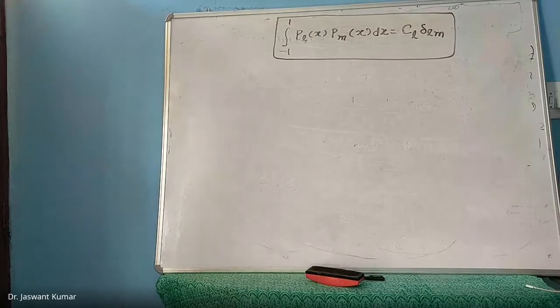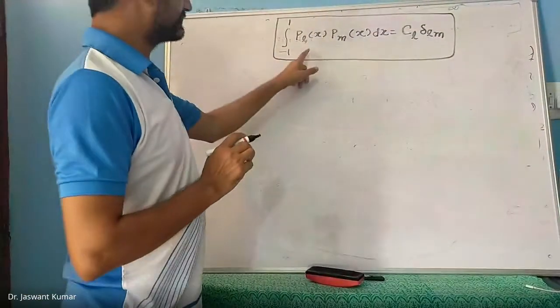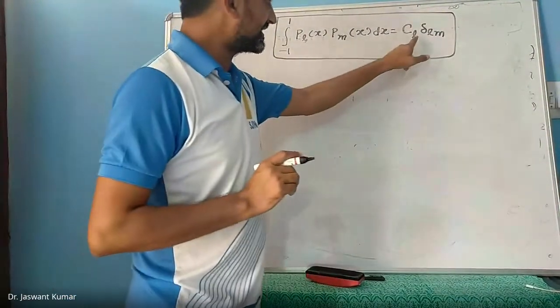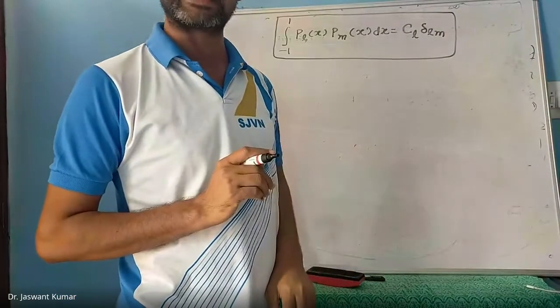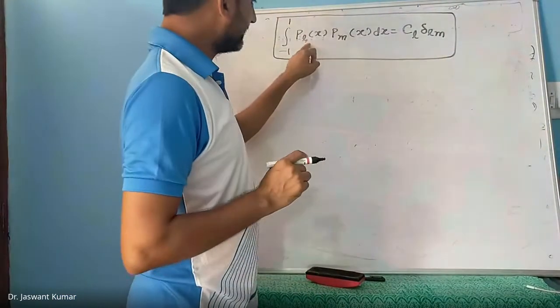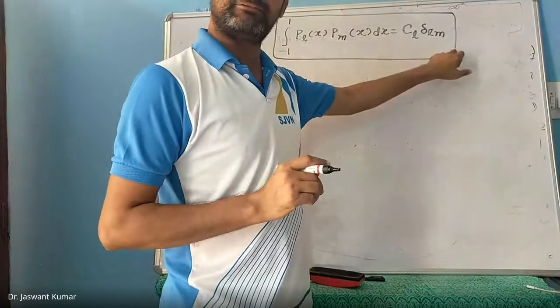So this was the relation which we had obtained. However, we still do not know what CL is. When L is not equal to M, we know that this side will be equal to 0.